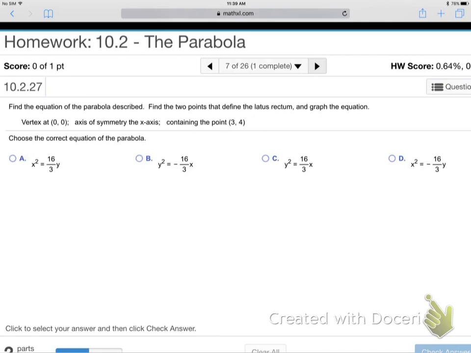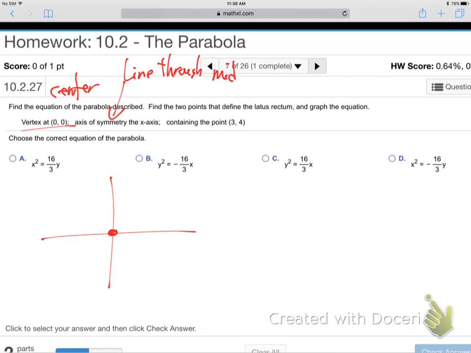Okay, so let's try this one. Vertex is 0, 0. What's vertex mean? Center. So the center is 0, 0. Axis of symmetry. Now, you know what an axis of symmetry is. We've done some axes of symmetry. Symmetry means line through the middle.